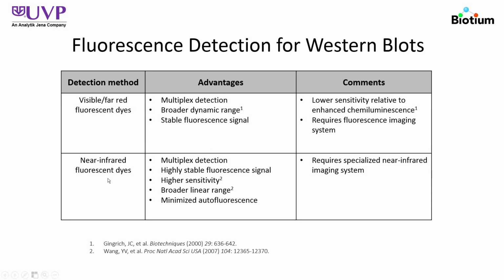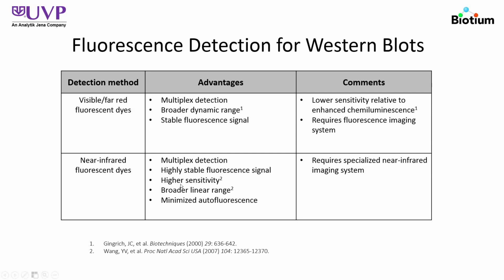In contrast, in recent years, a new class of dyes called near-infrared fluorescent dyes, which are dyes with very long wavelength emission, have been applied in Western blotting. The main advantage of these dyes is that biological samples have very low autofluorescence in the near-infrared region, and this allows for highly sensitive detection and quantitation.